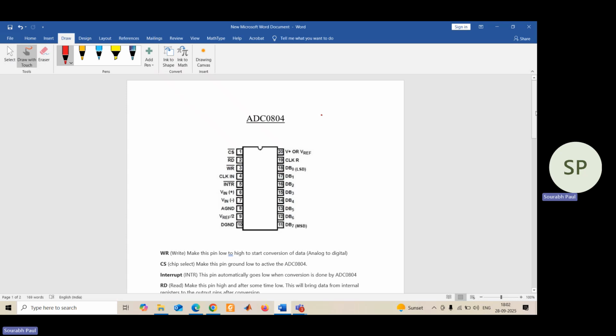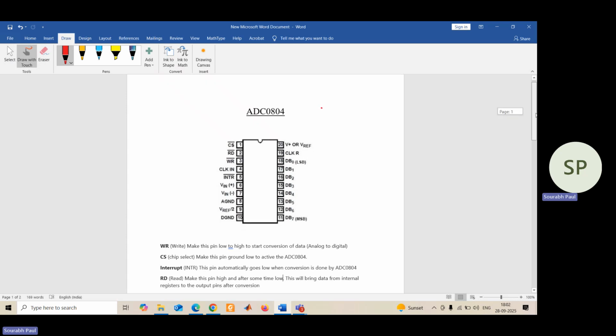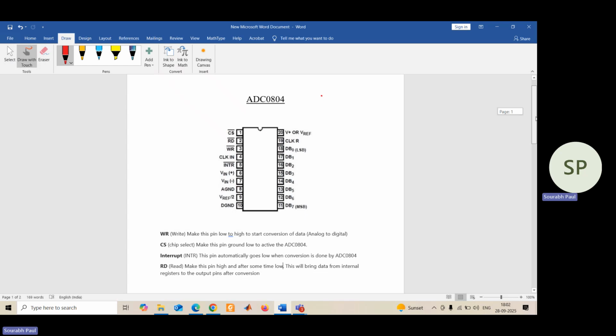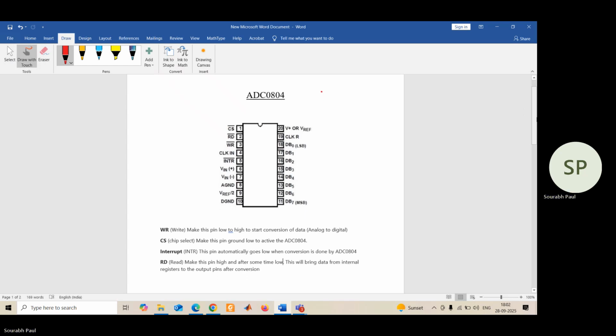Now before going to this interfacing assembly language code, let me give a brief idea about ADC0804 and its pins. So basically, from the name itself, you can easily understand this is used for analog to digital conversion. If you have followed my previous lecture, there I talked about one more ADC, that was ADC 0809.